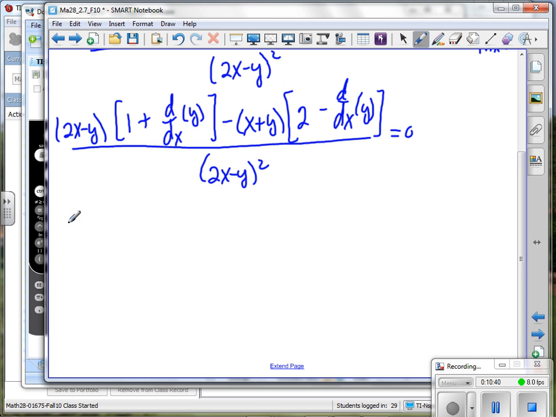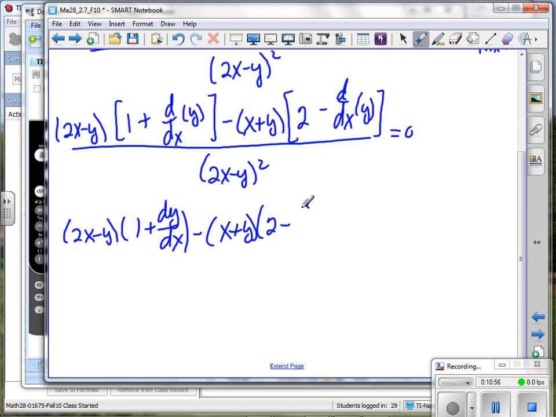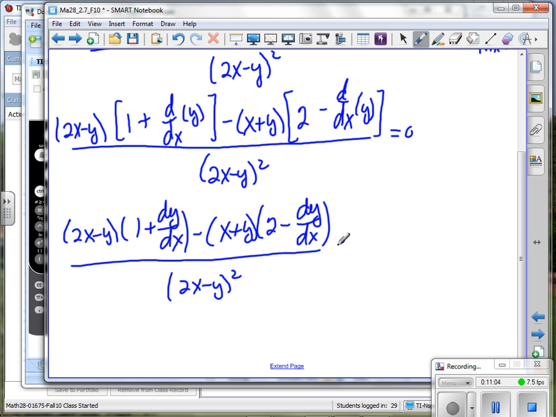Okay, so let's see. I've got 2x minus y times 1 plus dy dx, minus the quantity x plus y times 2 minus dy dx, all of that divided by the quantity 2x minus y squared, set equal to 0.